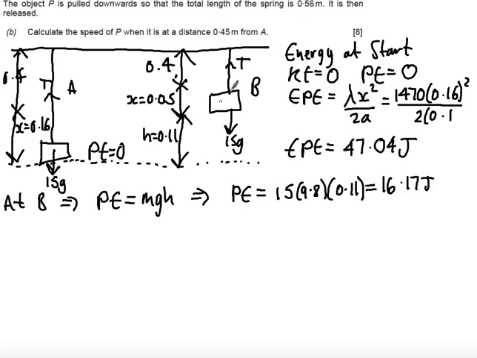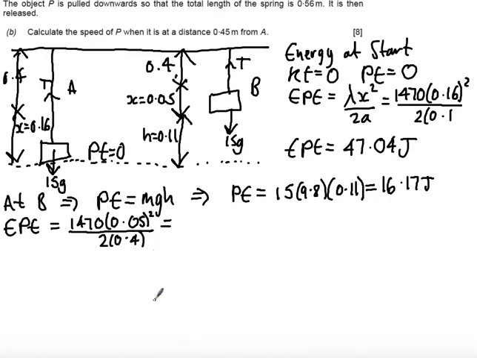Now, additionally, at this point, the particle has elastic potential energy because it has an extension of 0.05. So the elastic potential energy is going to be equal to lambda, which is 1470, times the extension squared, all over 2 times the natural length, which is 2 times 0.4.